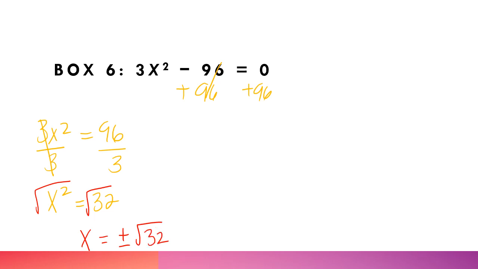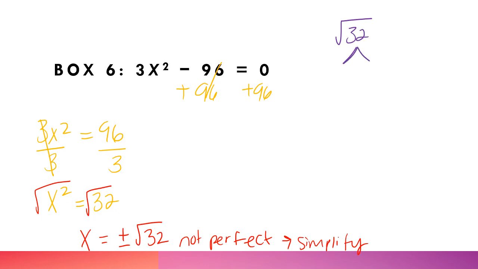And 32 is not a perfect square. So when that happens, all we can do is simplify the square root, okay? So to simplify the square root, we're going to kind of go back to our middle school days. You remember the prime tree.